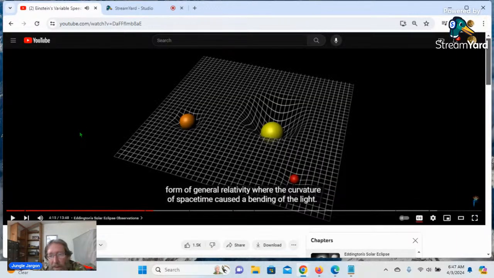Okay, so he goes into explaining that his theory of general relativity is true, and the curvature of space and all that stuff, but they're just ignoring the changing of the velocity of light somehow.